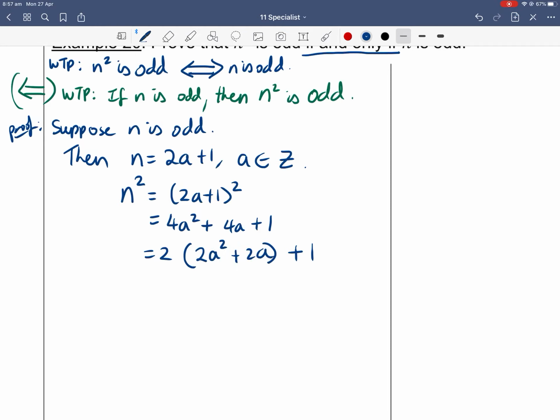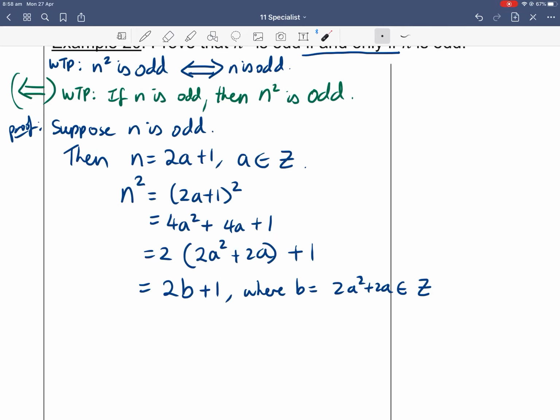Well, we can, because we can factorize out a 2 so that we get 2 outside of (2a squared plus 2a) plus 1, right? So I could replace it with an integer b, where b is equal to 2a squared plus 2a, right? And that itself is an element of the integers. Because if you square an integer, you'll still get an integer.